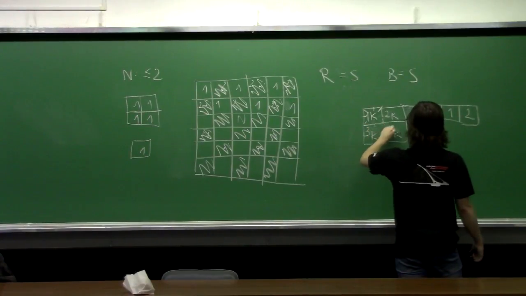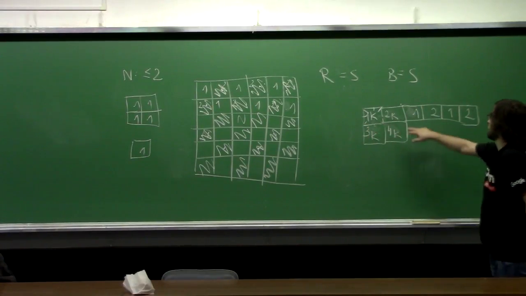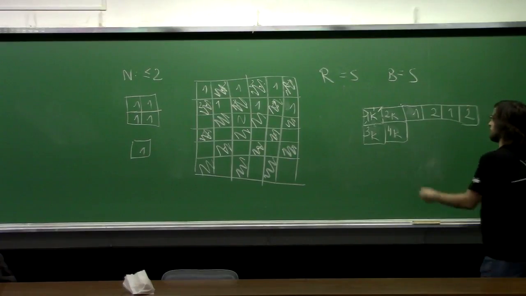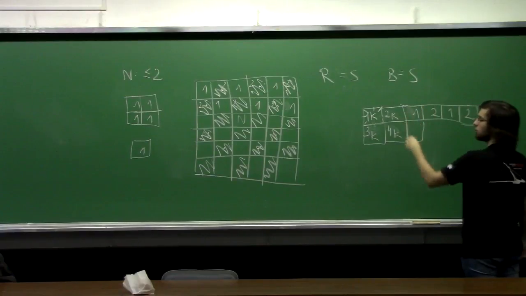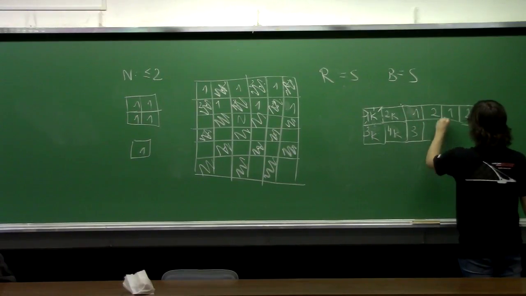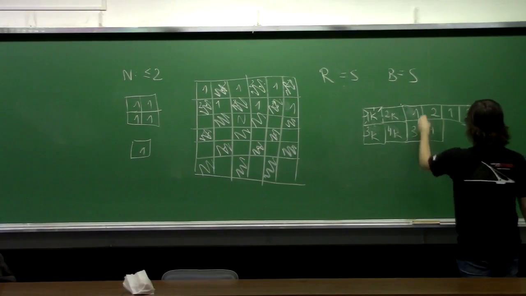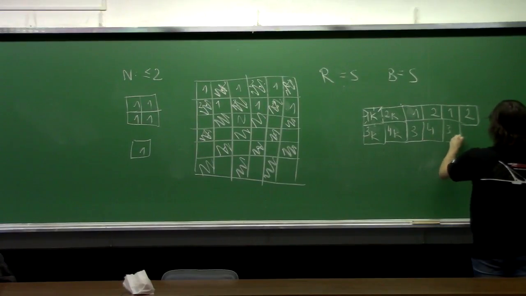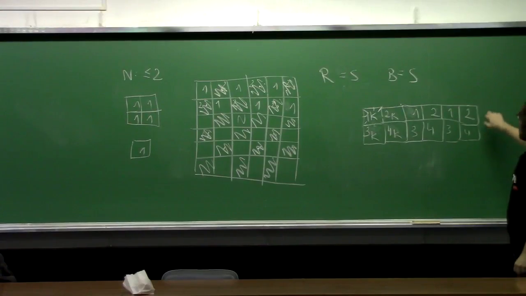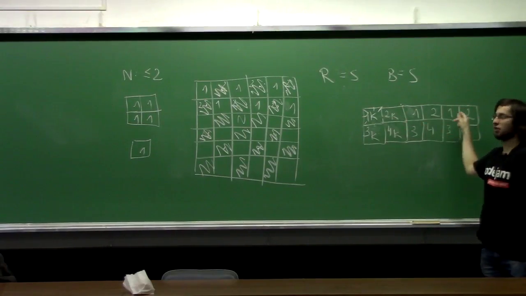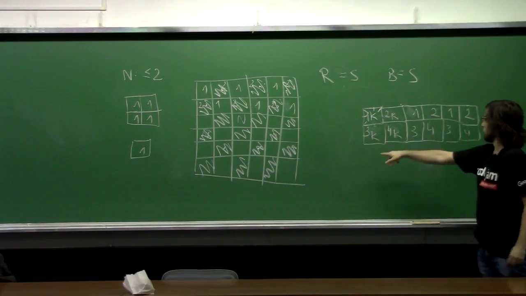This will be team 3, this will be team 4, and then what team should this king have? 1, 2, 4 are in this 2x2 square, so the king should again have team 3. This king should have team 4 for the same reason, team 3, team 4, etc. And the next row is the same as the first row, 1, 2, 1, 2, 1, 2.